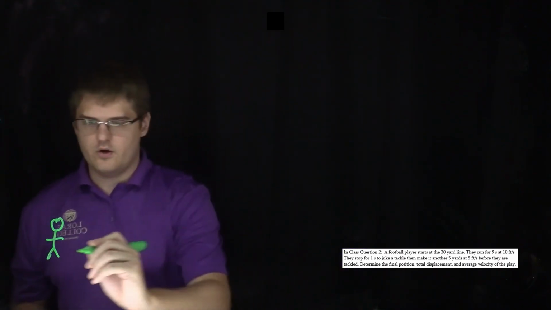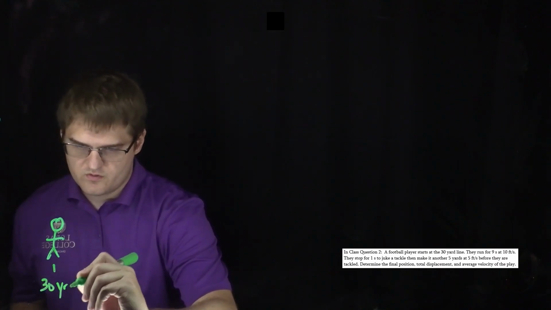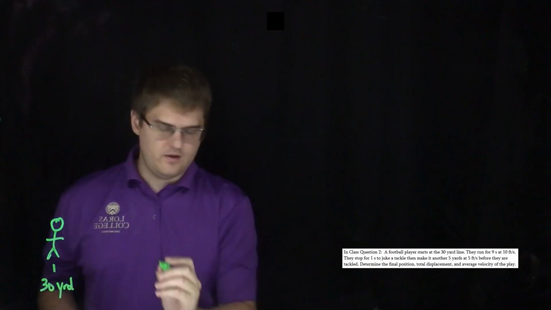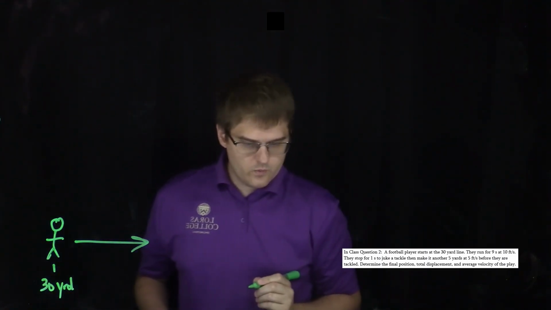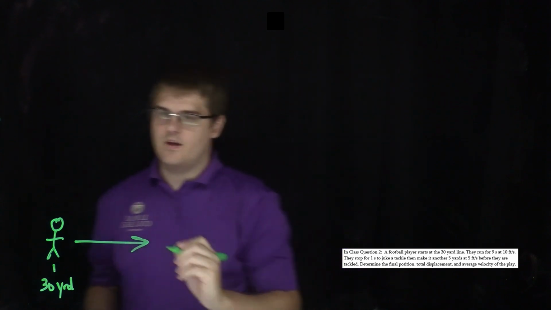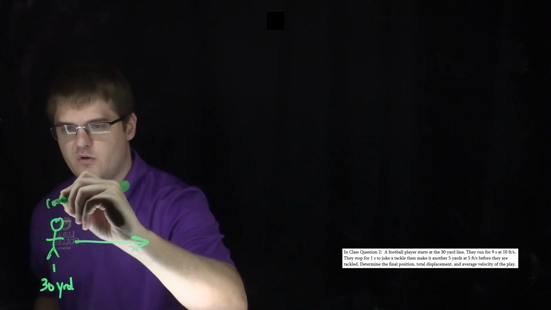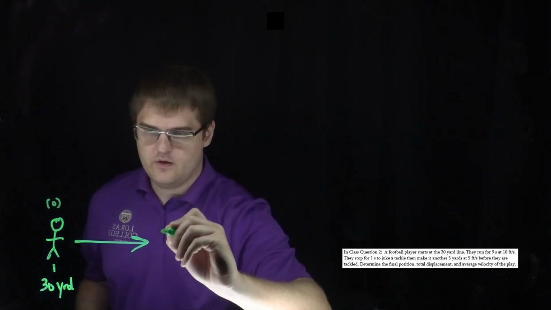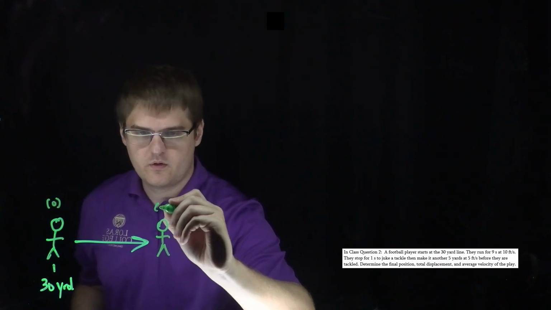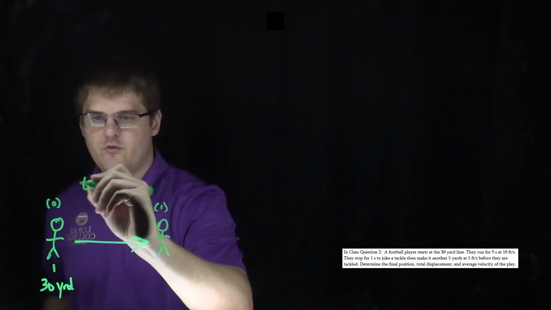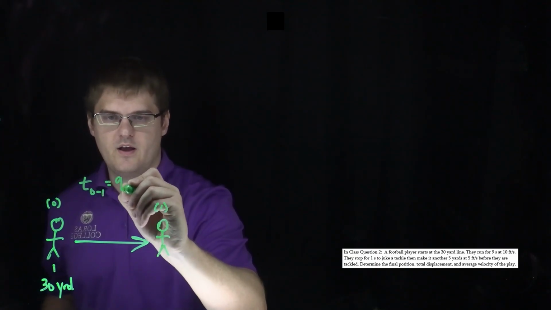He is starting at the 30-yard line. And he first is going to run for 9 seconds. So if this is position 0 and this is position 1, time from 0 to 1 is going to be equal to 9 seconds.